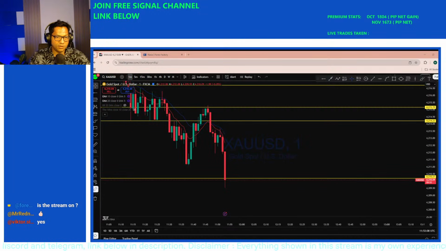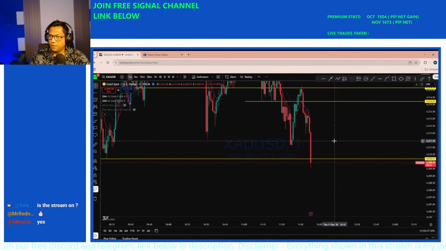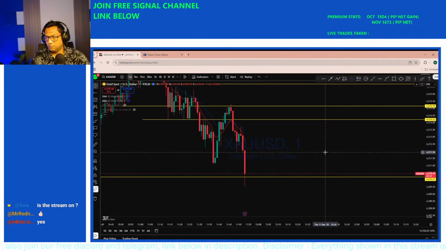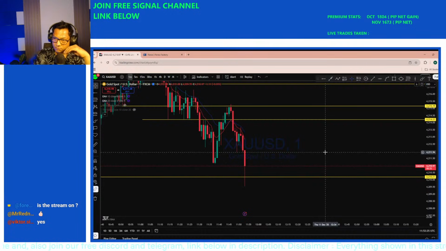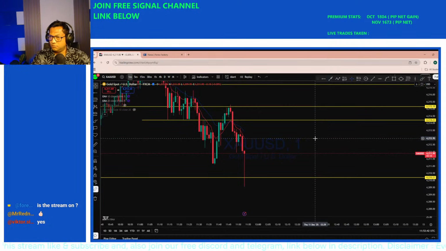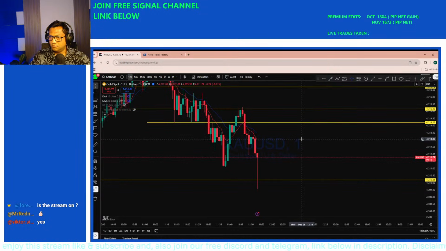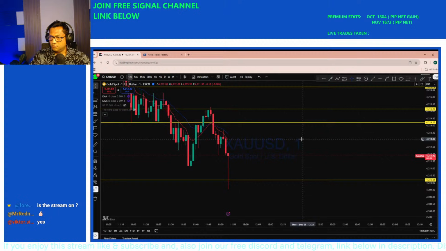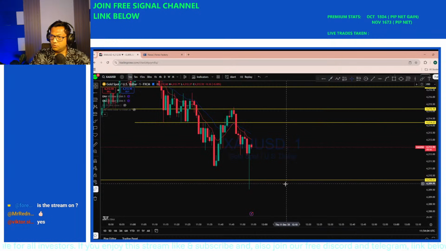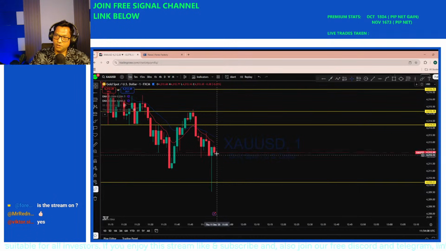That's a significant downside. So we see that there is a liquidity sweep from here.